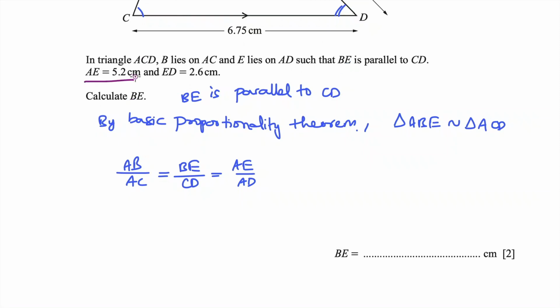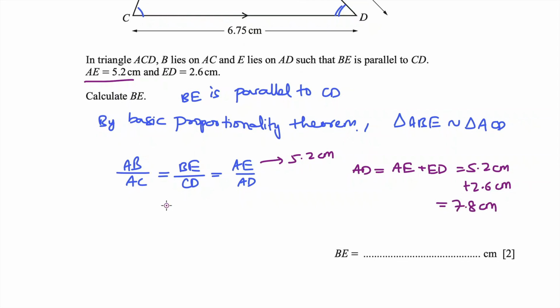It is given that AE is equal to 5.2 centimeters and ED is equal to 2.6 centimeters. So AD will be equal to AE plus ED, which is 5.2 centimeters plus 2.6 centimeters, and this will be equal to 7.8 centimeters.